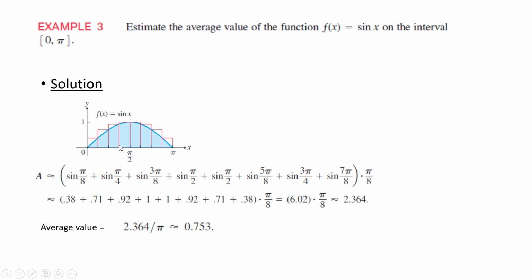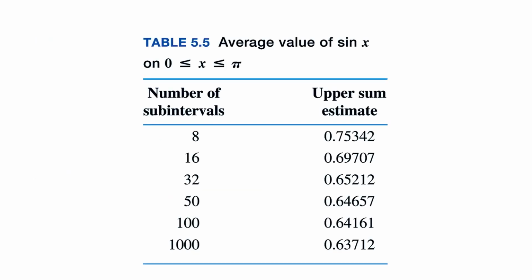So the average value of the function sin x in the interval [0, π] is approximately 0.753. So there is the table. This column gives the number of subintervals, and this gives the corresponding upper sum estimates.